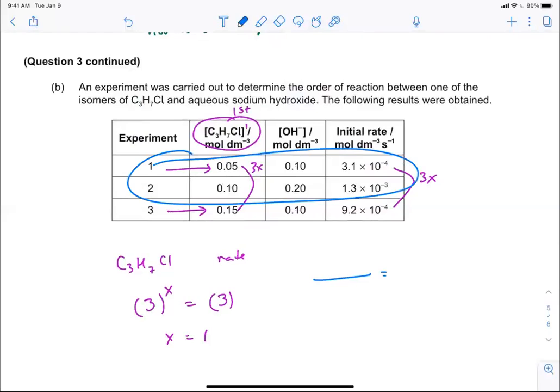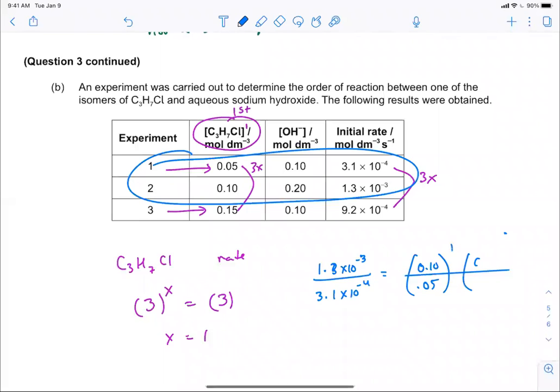Okay. So experiment 2 is 1.3 times 10 to the negative 3 over the rate of number 1, which is 3.1 times 10 to the negative 4. So that's rate 2 over rate 1. Now, the concentration of C3H7Cl is 0.10 over 0.05 raised to the first power, because we know the exponent now.